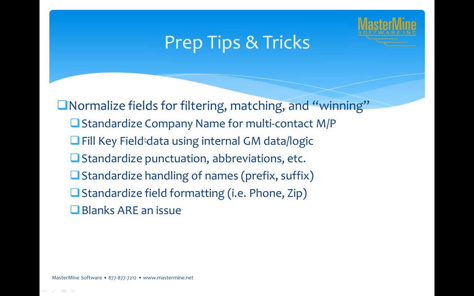Key fields, by the way, when you're fixing your key fields, you don't just need to be looking for typos or different ways of spelling things. You can actually use the internal logic of GoldMine to update ones that are missing data. So for example, a crude example is if you're trying to determine if it's a client versus a prospect, include in your MasterMine report whether it has a history of sales.